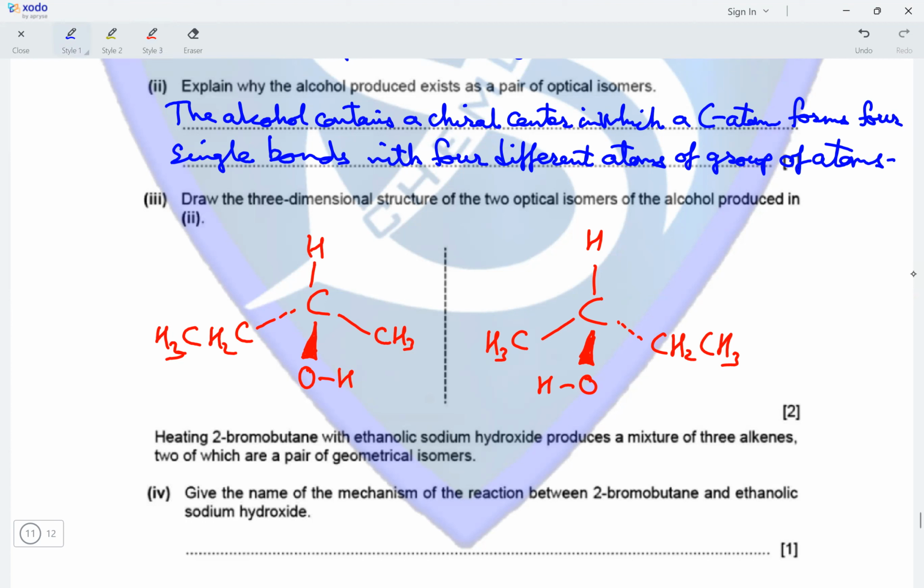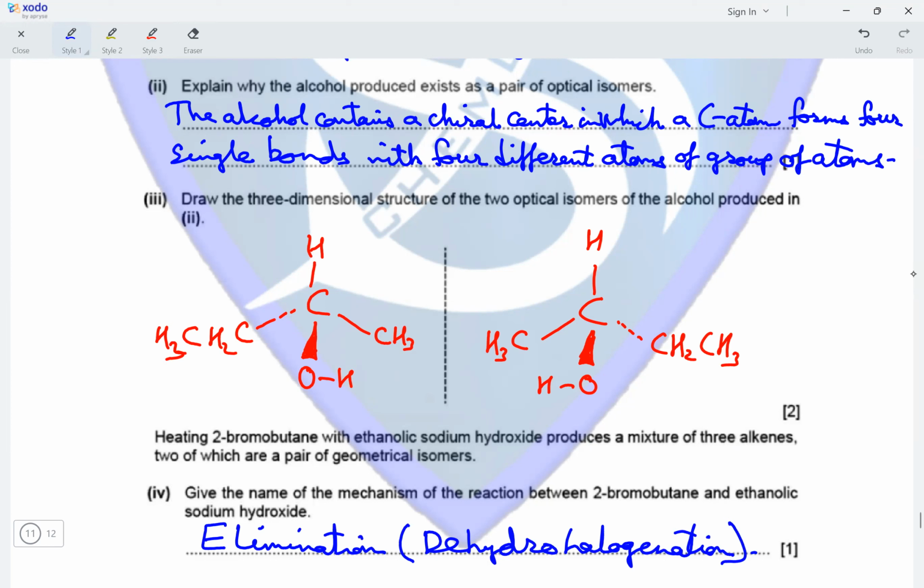So this is an example of an elimination reaction mechanism, and the type of reaction that occurs here is called dehydrohalogenation, in which a hydrogen and a halogen atom is removed from a bromoalkane and it results in the formation of alkenes.